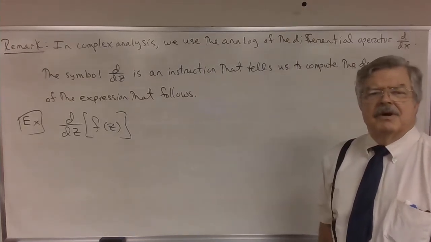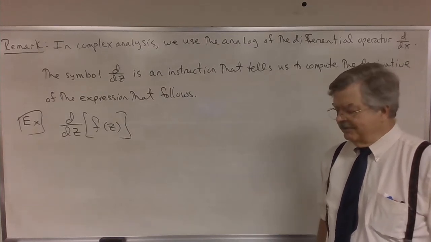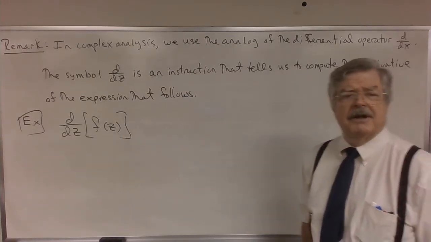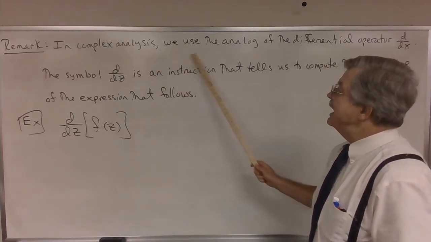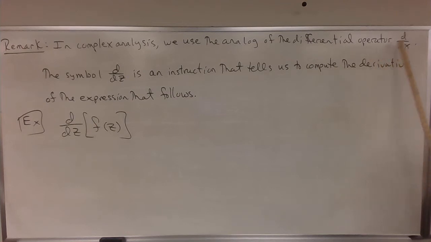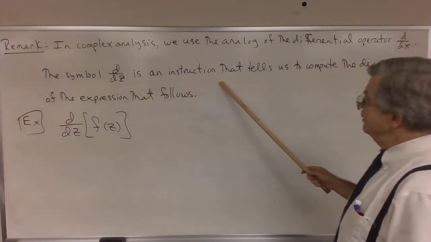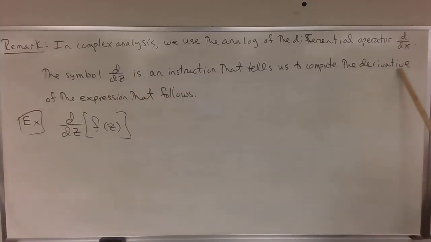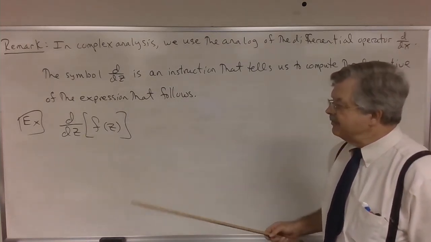Well, I guess there was one more thing I wanted to do before I went to some examples, since we're talking about notation. In complex analysis, we use the analog of the differential operator d dx. The symbol d dz is an instruction that tells us to compute the derivative of the expression that follows.